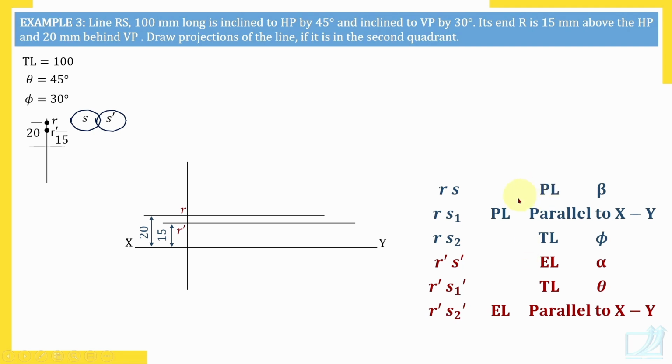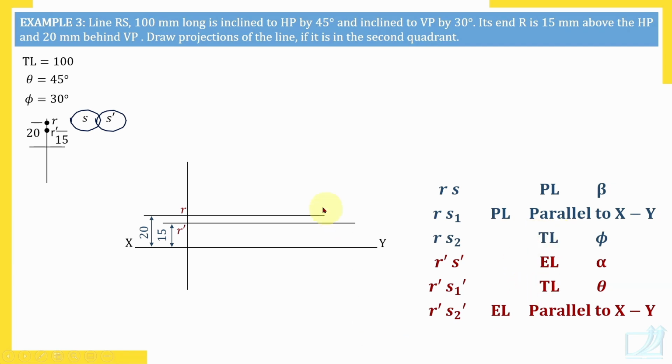There are two PLs, watch here, both PLs are passing through R. That is why we say that rotate PL. But remember TL here is RS2 and TL here is R dash S1 dash. There are also two true lengths in your drawing. But remember, we never rotate true length because watch here, these two true lengths have no common point. So never rotate true length, remember.